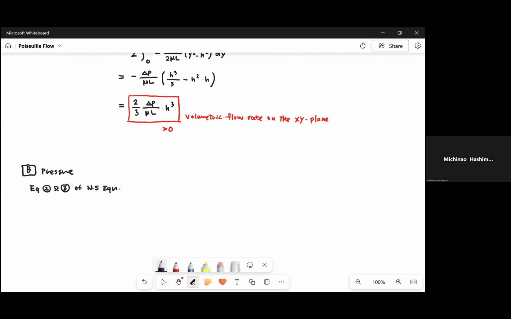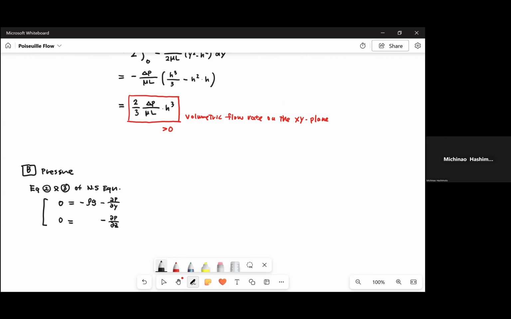Equation number 2, coming from the y direction, is 0 equals to minus rho g minus dp dy. And another equation is 0 equals to minus dp dz.